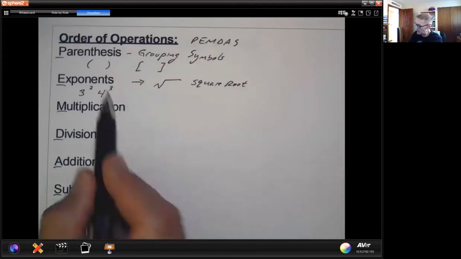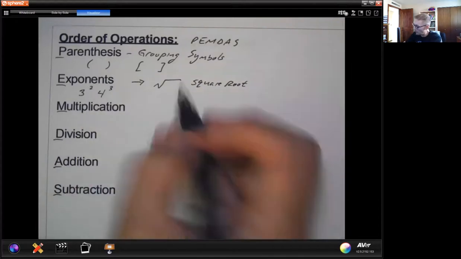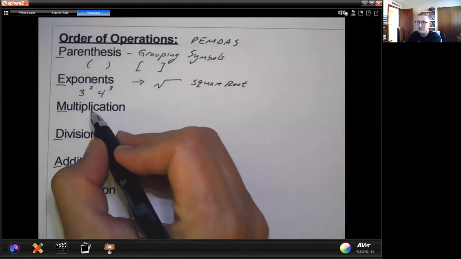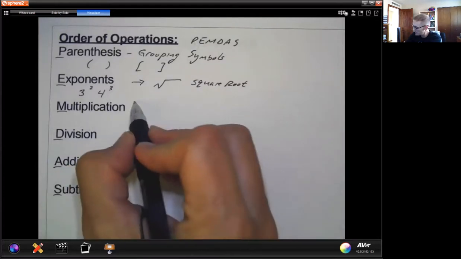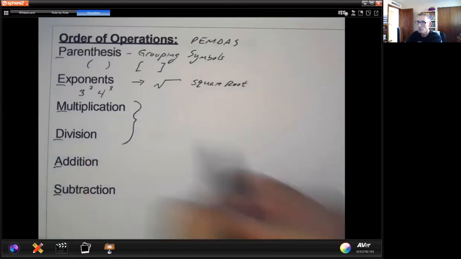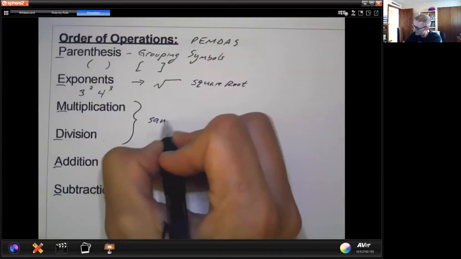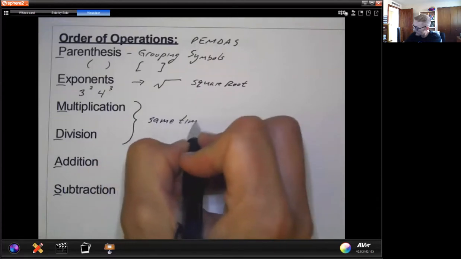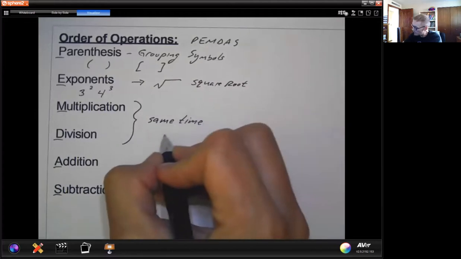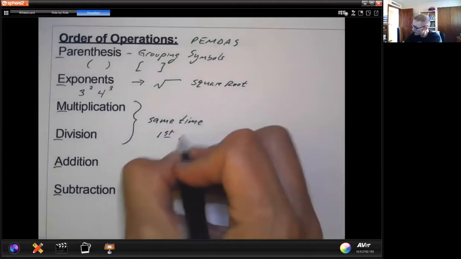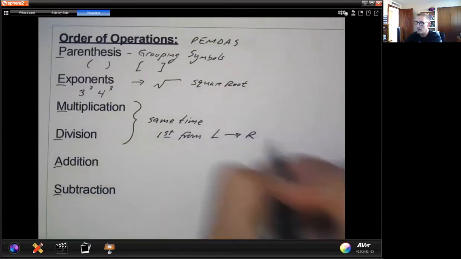Now this next step here, the multiplication through subtraction, this is important because multiplication does not necessarily happen before division. Multiplication and division happen at the same time. You're just going to go whichever one comes first from left to right.